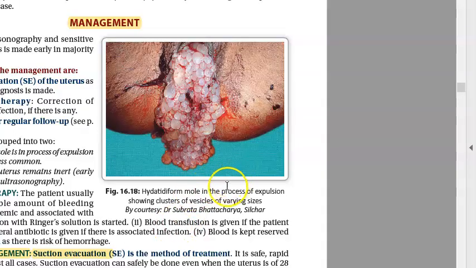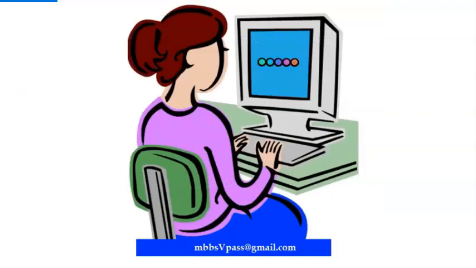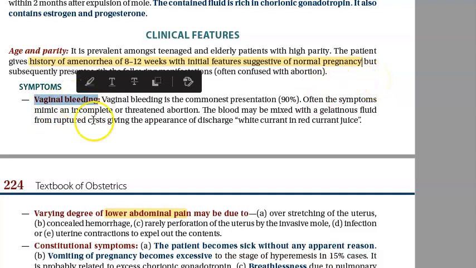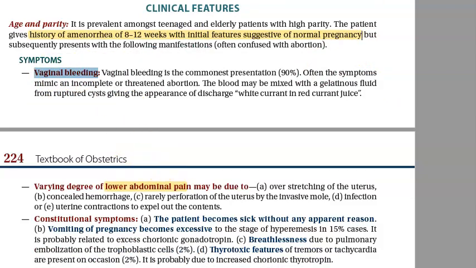Look at this hydatidiform mole in the process of expulsion, showing clusters of vesicles. As a doctor, how do you think these people will present to you? They will have 8 to 12 weeks of amenorrhea, and they will come with features suggestive of a normal pregnancy. But they can have vaginal bleeding and lower abdominal pain.